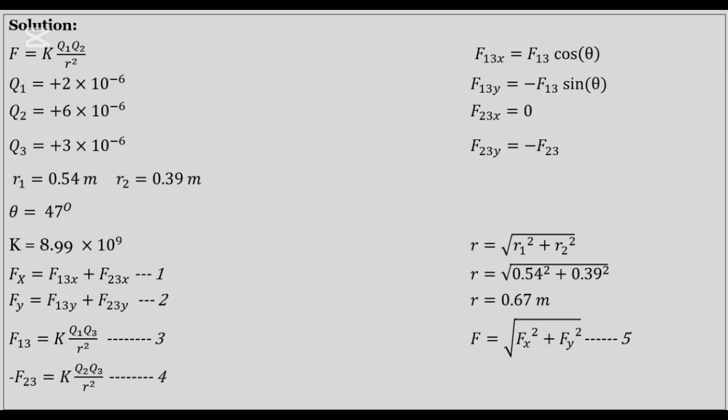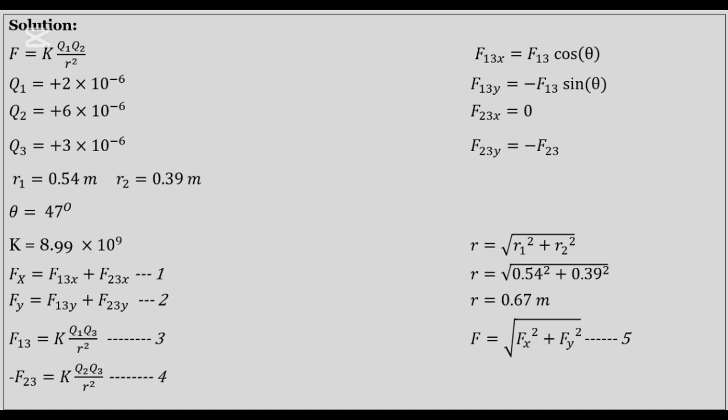Now the first thing we have to do is consider the Cartesian plane when superposition questions are given. Since the charges are placed angularly, we consider the Cartesian plane. So we have to get Fx and Fy. Fx is the force along the x-axis, and Fy is the force along the y-axis.